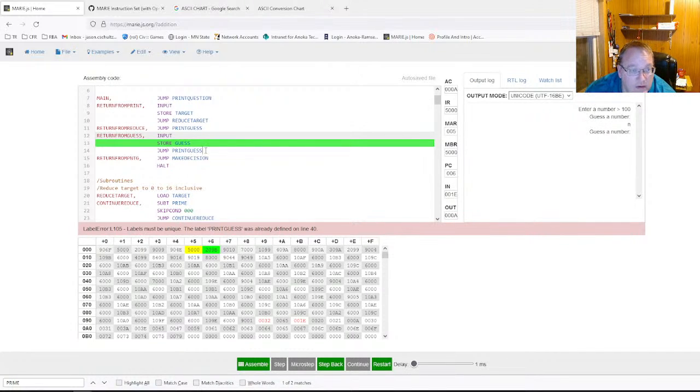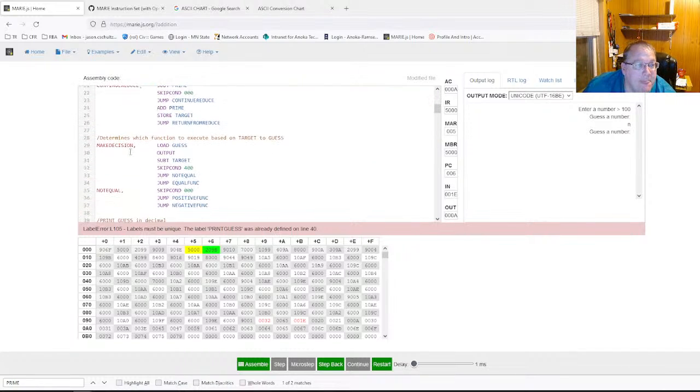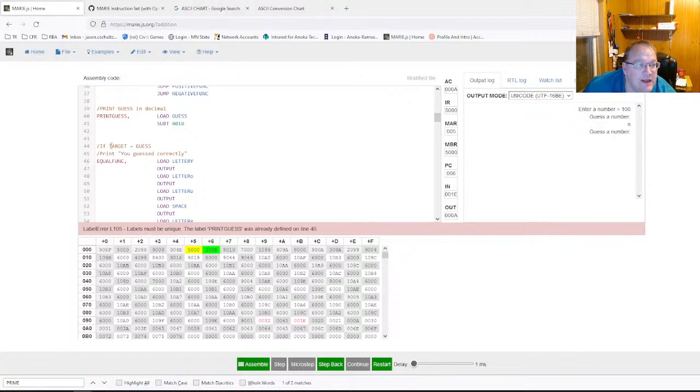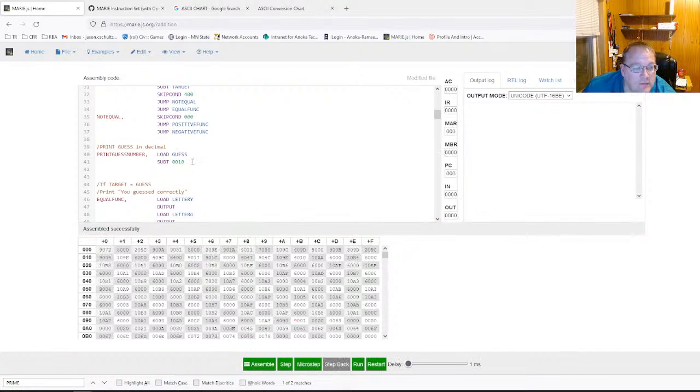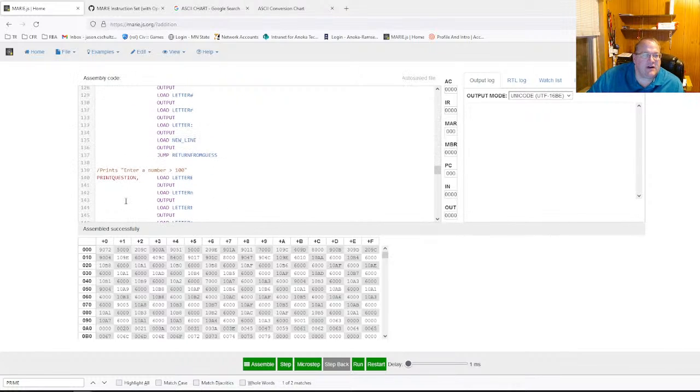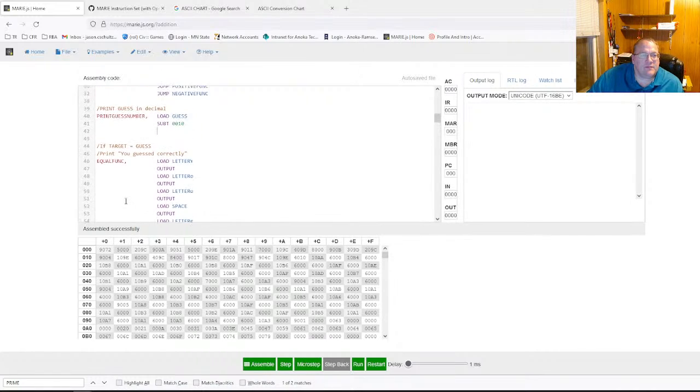Print guess number. Oh, well, that's handy. So we can just subtract a hard-coded number, so we don't need to save that 16 in a variable, which is nice.